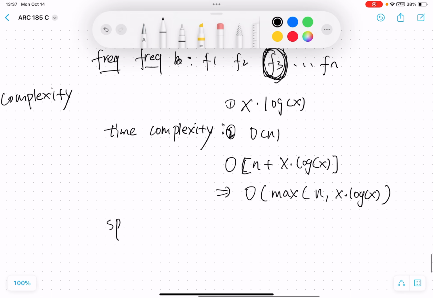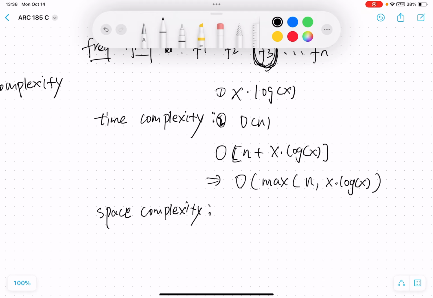For the space complexity, for the convolution part, the space complexity is O(2 times x), and for the last part we don't need extra space, so the space complexity should be n plus x.